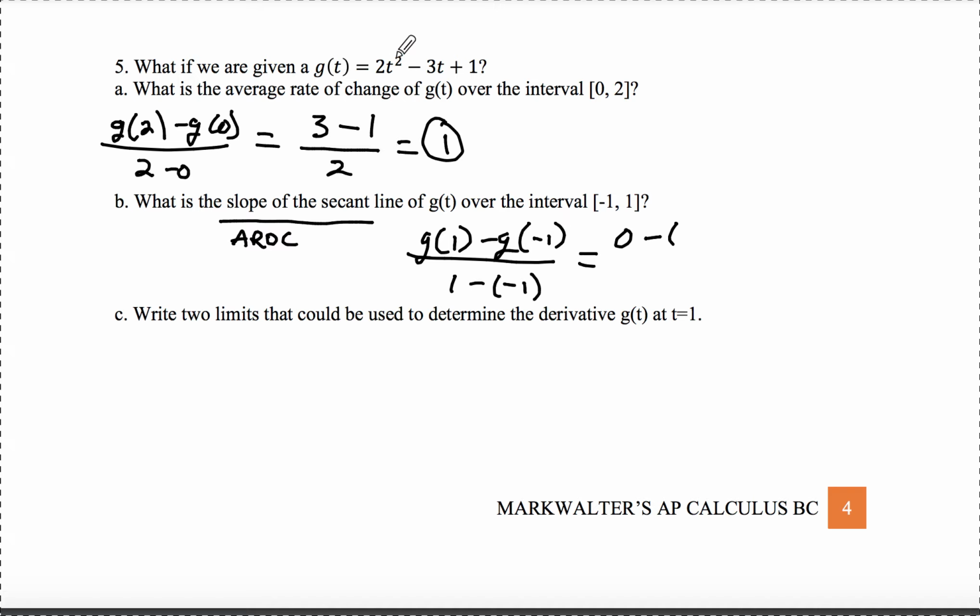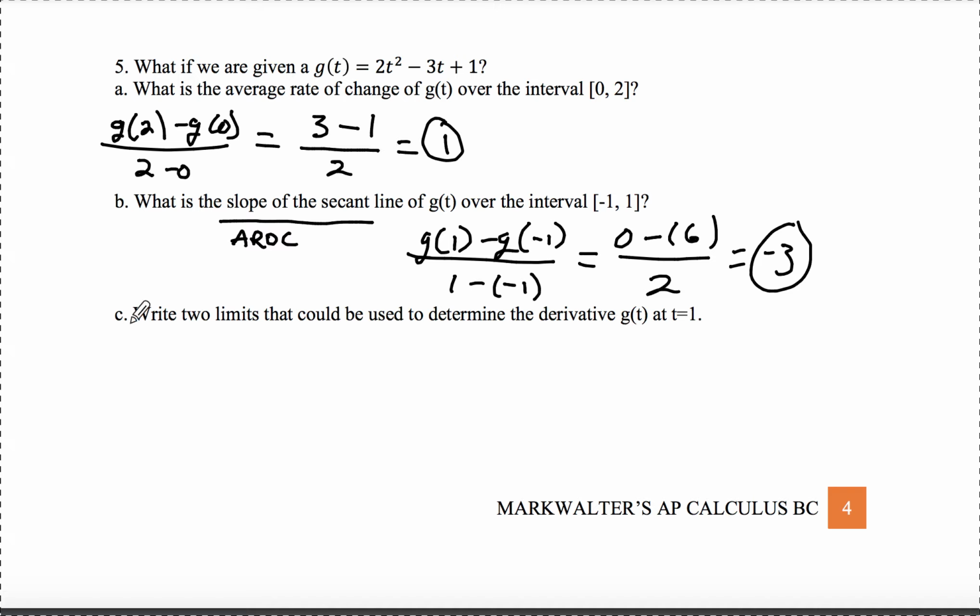If I plug in negative 1, I'll have 2 plus 3 plus 1, which will give me 6. All over 2, which will give me negative 3 in the end. So this is the average rate of change.